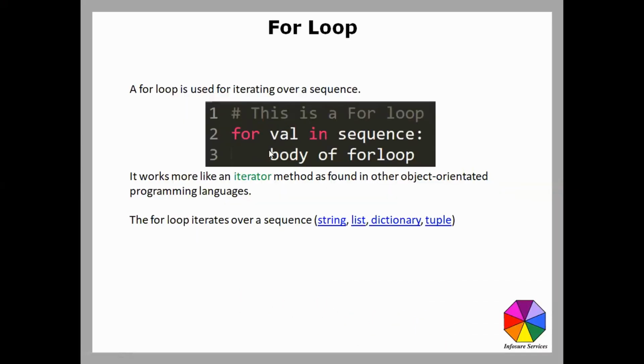So here is a for loop where the for value is in a sequence. This is a common structure: for value in a sequence. The body of the loop, multiple lines of code, will be repeated multiple times. Here, this sequence in Python can be a string, it can be a list, or other data types like dictionary and tuples.